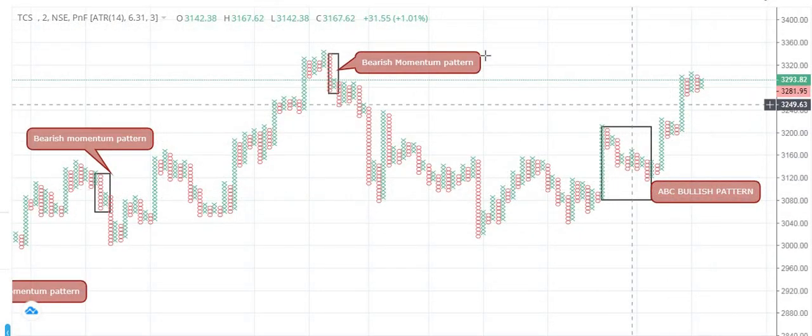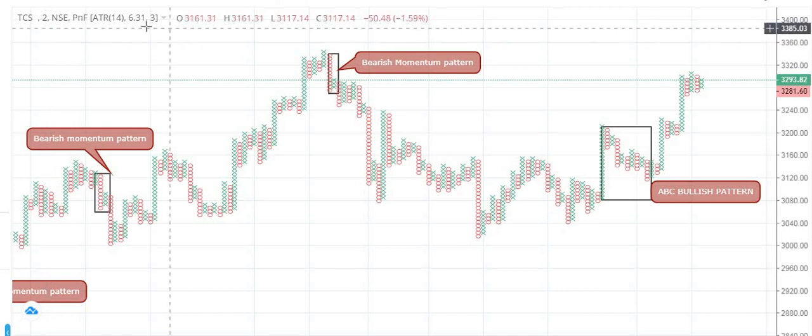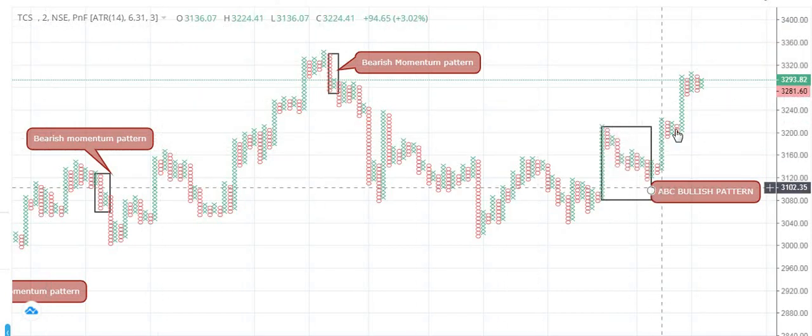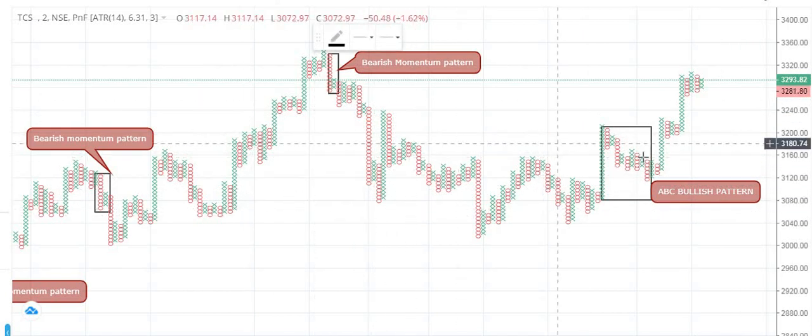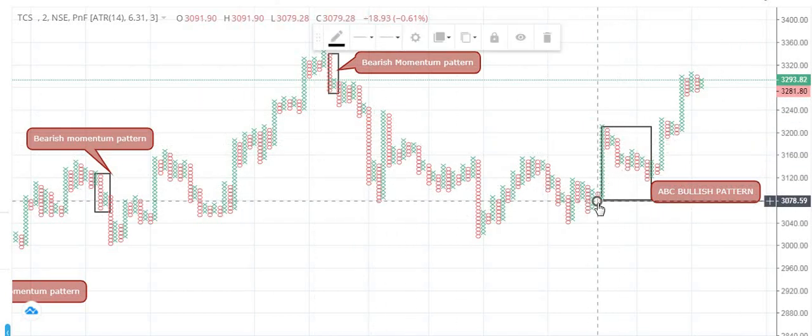ABC bullish recent. This is TCS 2-minute chart, right? ABC bullish. So the validity of this ABC bullish is till it breaks down this column low, right?